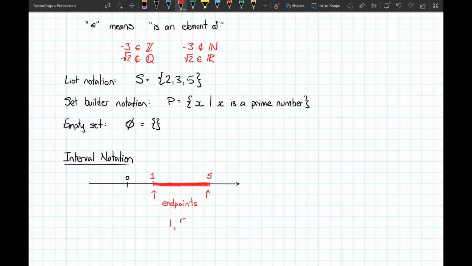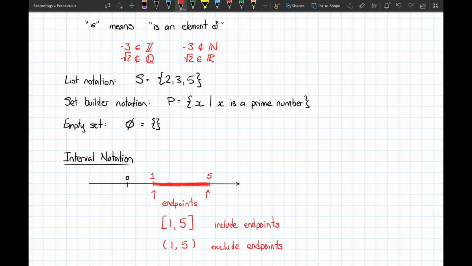So 1, 5 is our interval, and then we can either use square brackets or we could use round brackets. Now, square brackets include the endpoints, and if you'd rather use round brackets, it means almost the same thing, but does not include 1 and 5. It really depends on what you mean to use in the given circumstances.